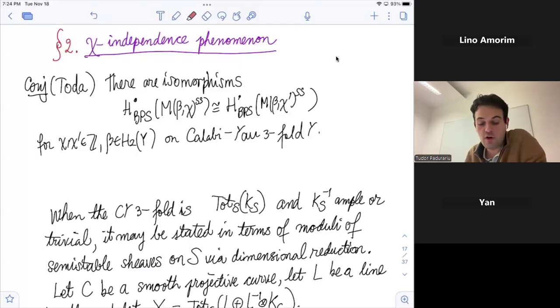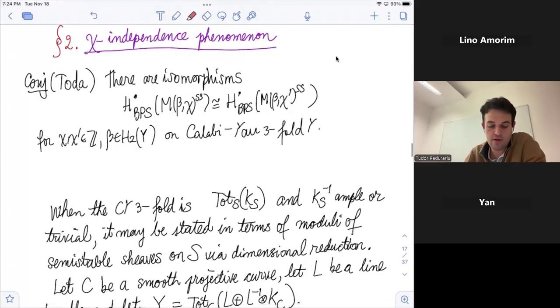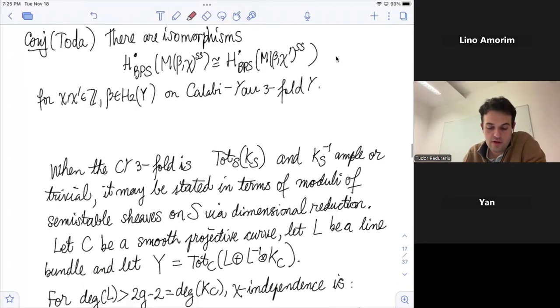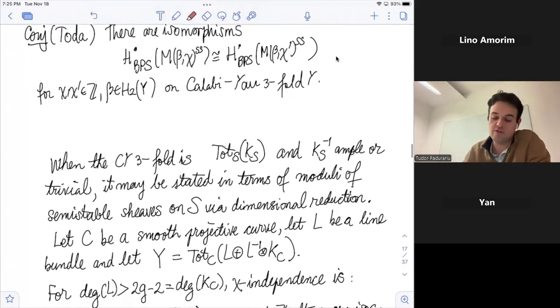So this is already interesting, even if there are no strictly semi-stable sheaves, and one just uses the usual critical or DT cohomology. So this is a Calabi-Yau 3 statement, and it's still open in most cases.